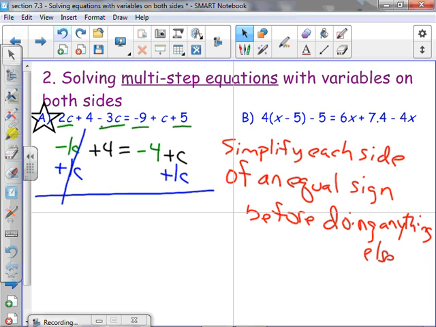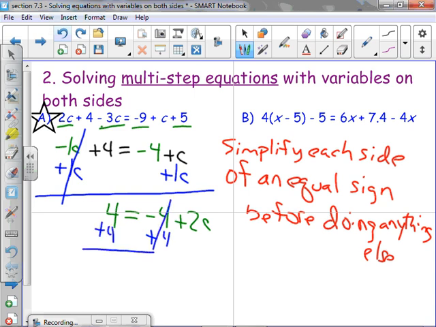Okay, so on the left-hand side, we have 4 is equal to. On the right-hand side, we have negative 4, and then c plus 1c. That's going to give me 2c, plus 2c. Now I have a regular two-step equation. I will add 4 to both sides.